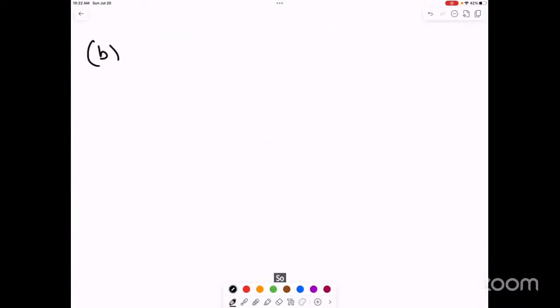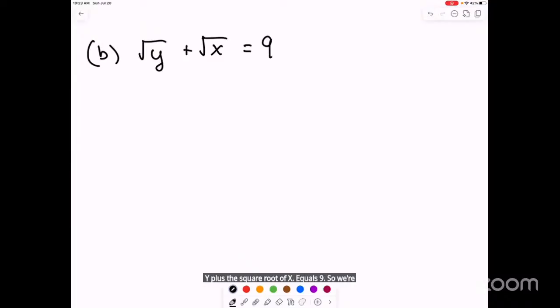So for part B, again, we started with the square root of y plus the square root of x equals 9. So we're asked to solve explicitly for y.